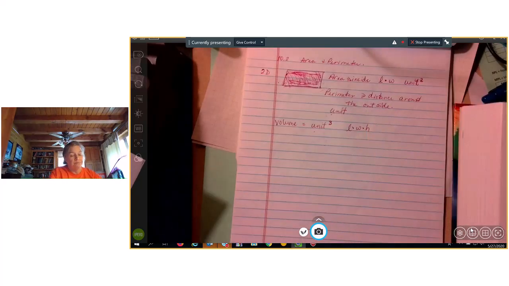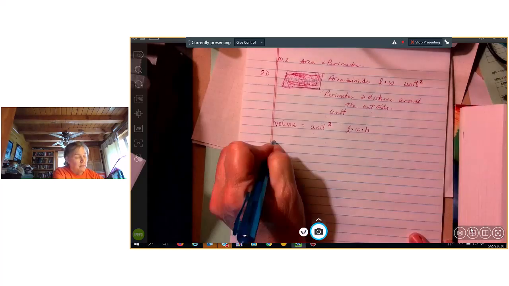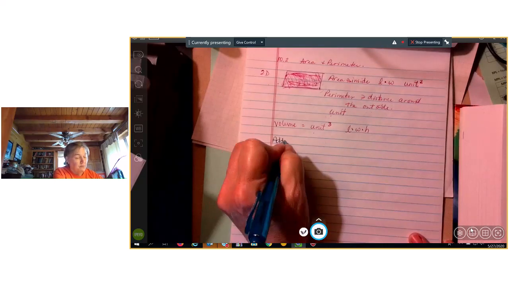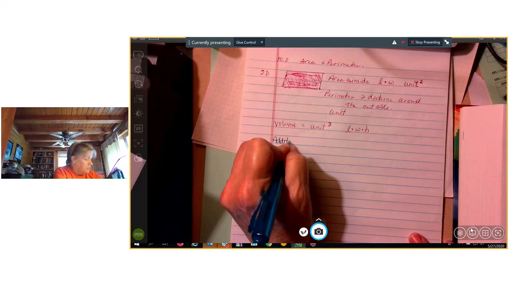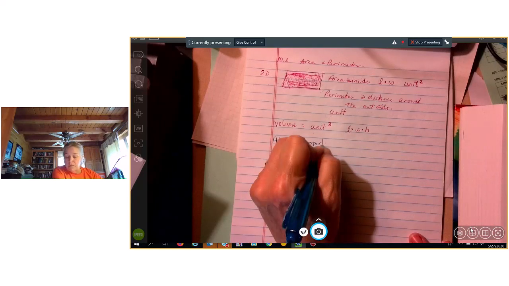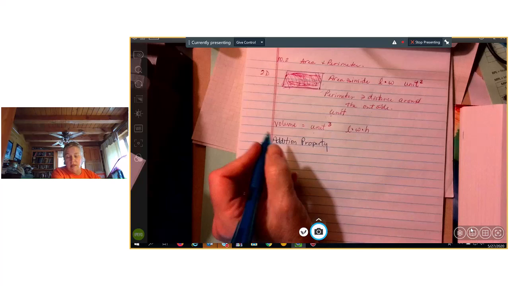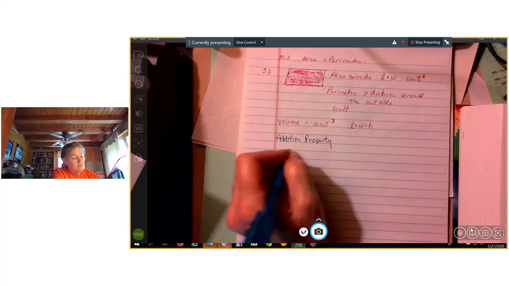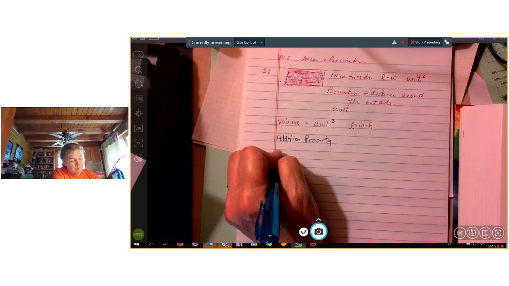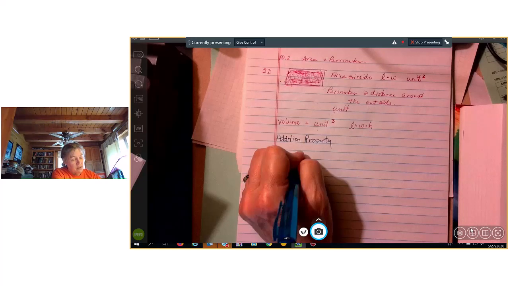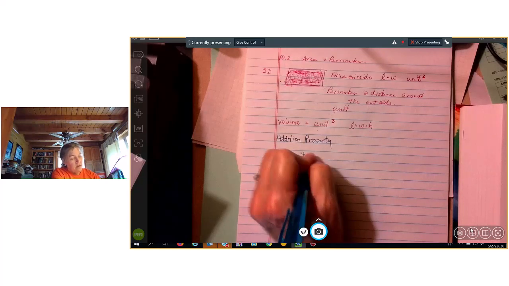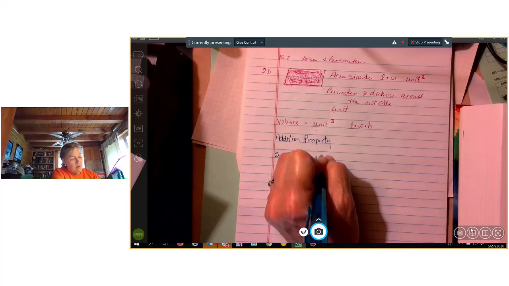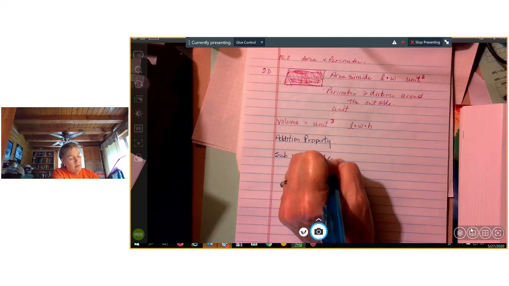And so, when you have the addition property, you are saying that the subunits are added.